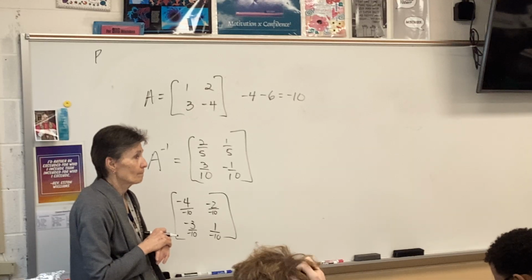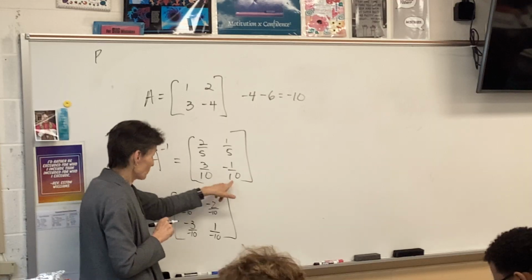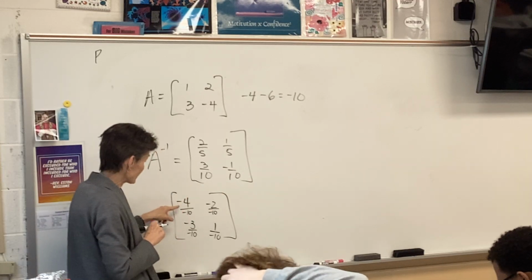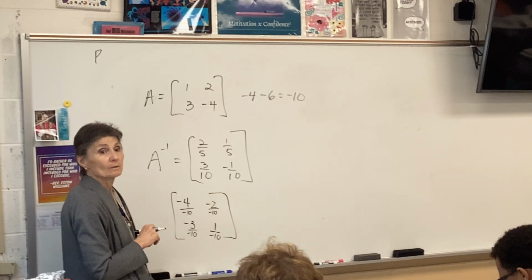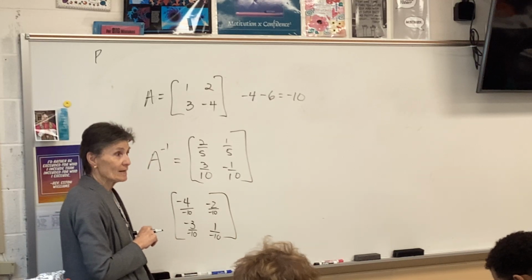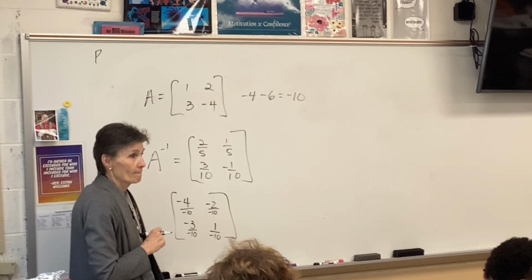Are they negative? Oh, I didn't see them. Okay. This one's negative. For all the rest of them, the negatives cancel. Okay? Anytime you have negative over negative, they're gone. Okay?